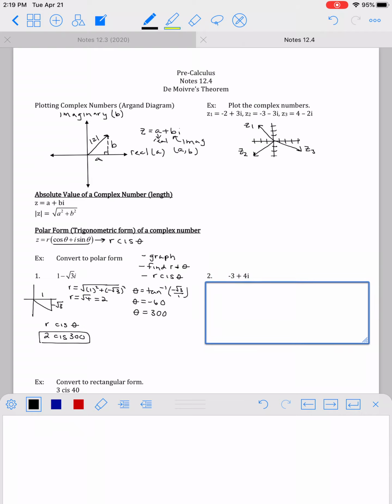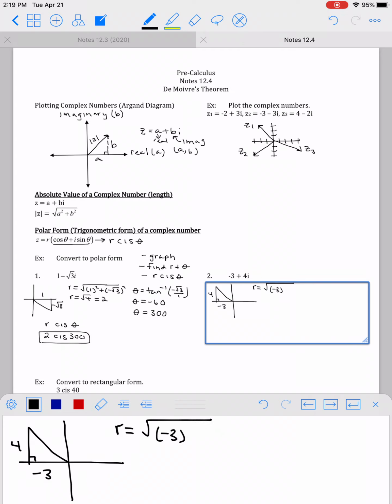Now here's one where when I'm going to draw my picture, so I go -3, 4, and when we do the Pythagorean theorem, we know that's going to be 5, but just in case we're not remembering well, so that's the square root of 25, or r is 5.